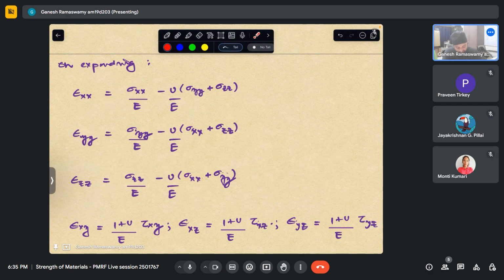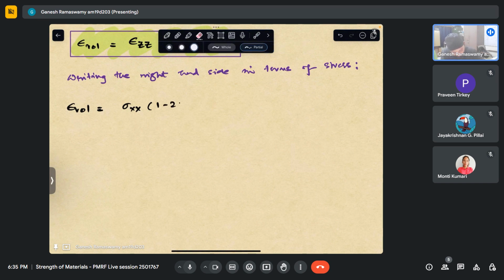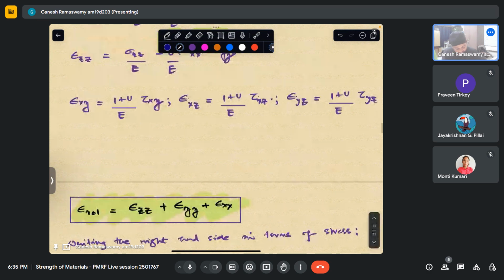In the second one, it is minus mu by E. In the third one, it is minus mu by E. So it is 1 minus 2 mu. So let me take 1 minus 2 mu out. So it will be 1 minus 2 mu by E into sigma xx when I added the x terms.